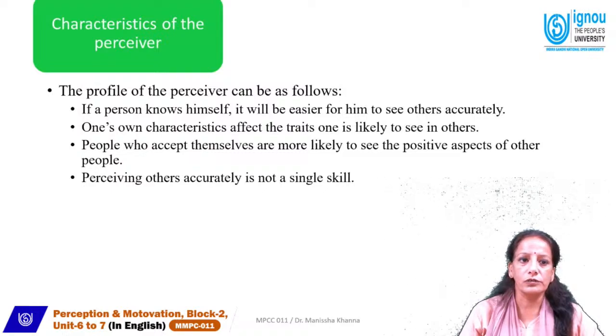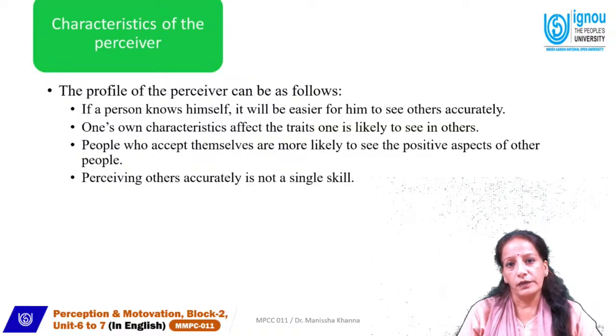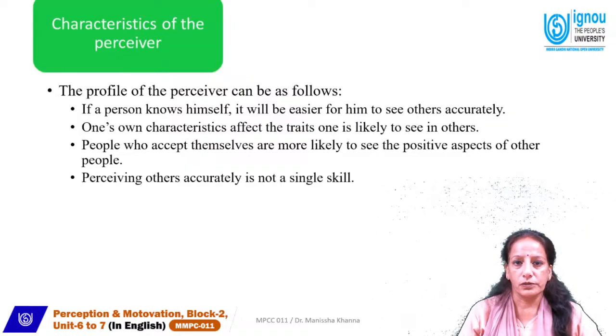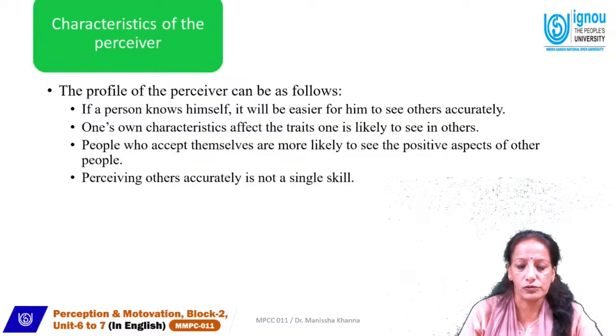It is well known that one person cannot perceive another person accurately all at once, and one's own characteristics affect the traits likely to be seen in the other person also.